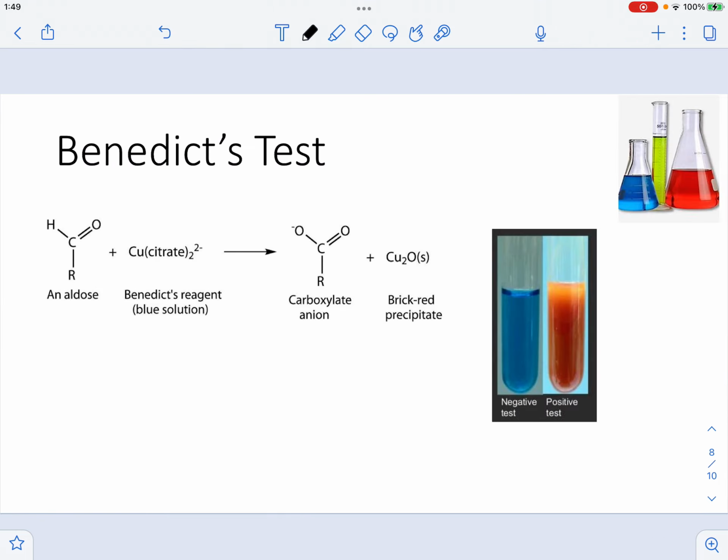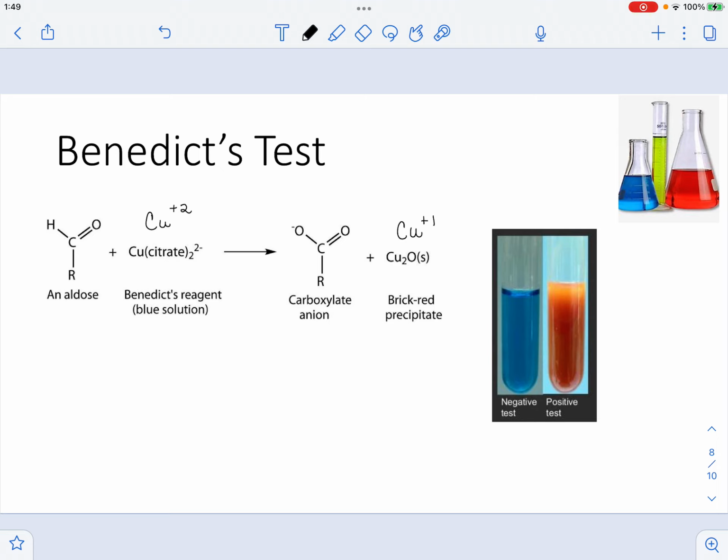Similarly, in the Benedict's test, we are going to be observing a similar reaction. If you have a particular carbohydrate that is able to undergo oxidation and make that carboxylic acid, or in the case of the Benedict's test, make a carboxylate, and in turn converts that copper plus 2 to copper plus 1, then understand that this is also known as a reducing sugar.